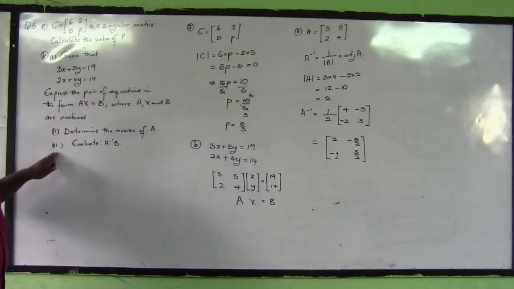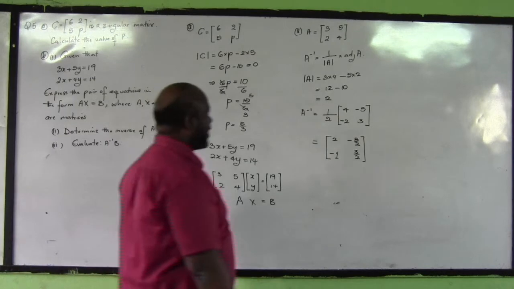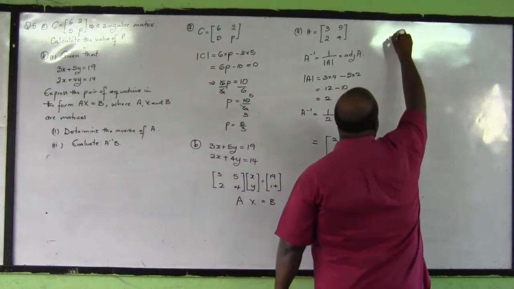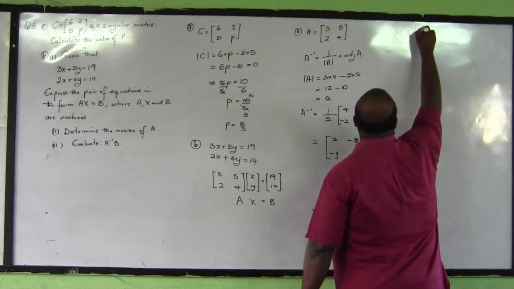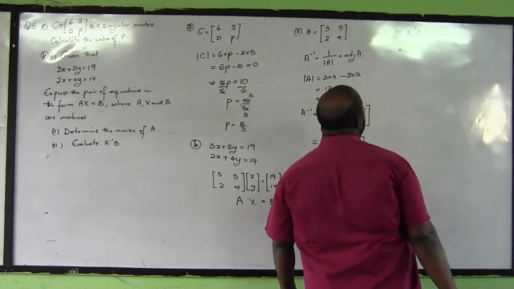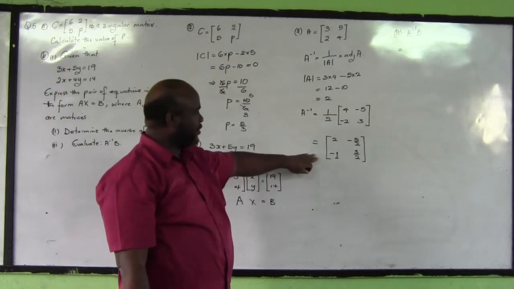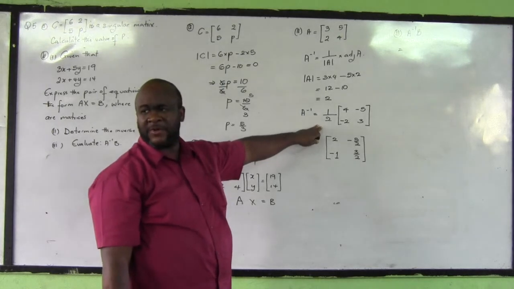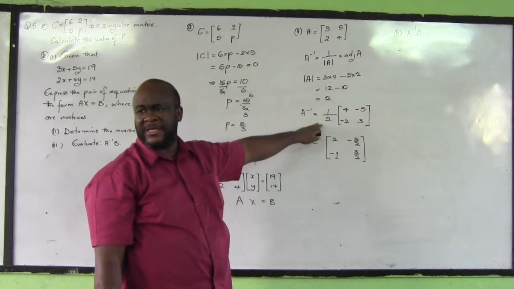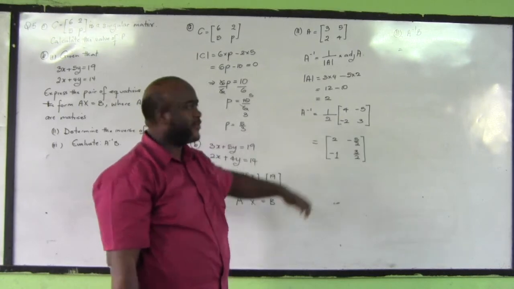The last thing we're asked to do is to evaluate B(iii), A inverse B. Now, A inverse B. If I'm going to use A inverse, I wouldn't use this version of it. I would use this version, because I would just easily multiply the two matrices and then multiply by the fraction.